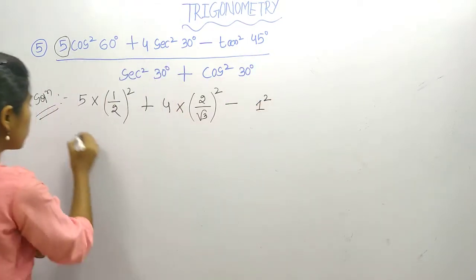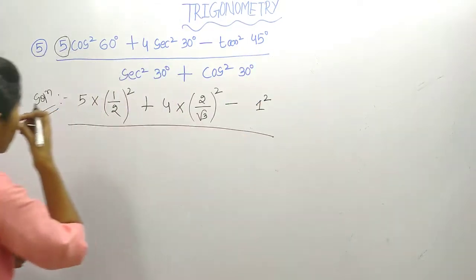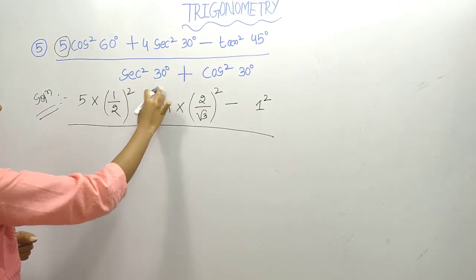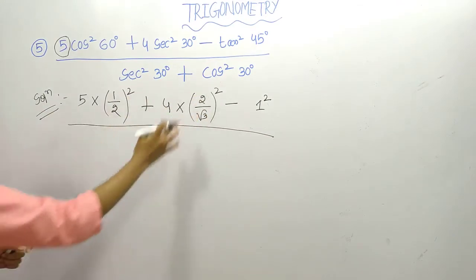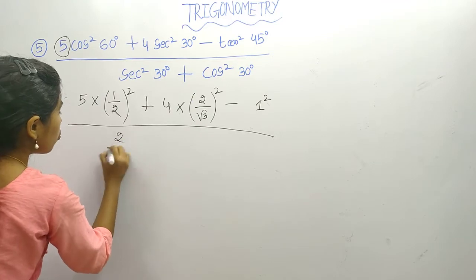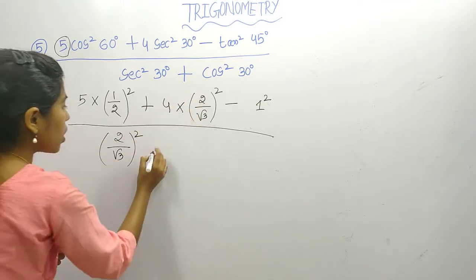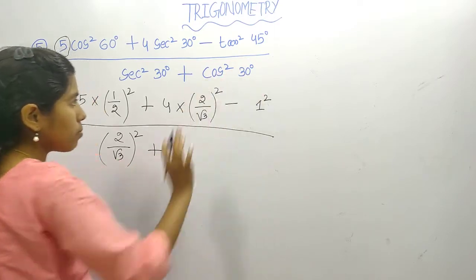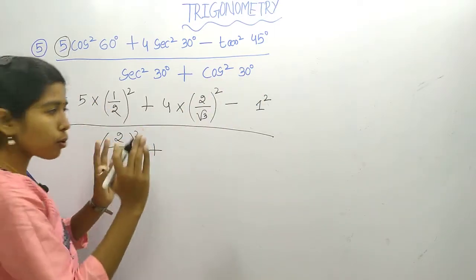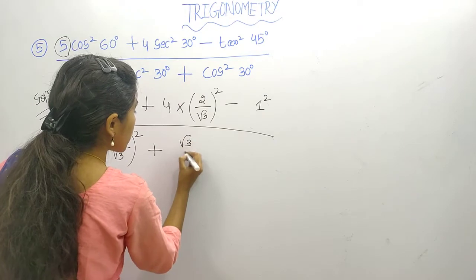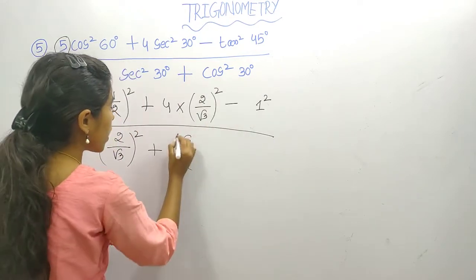So square divided by, here you see same sec 30 degree. Sec 30 value we have found out 2 by root 3. 2 divided by root 3 square plus cos 30. Cos 30 value is root 3 by 2. Root 3 divided by 2. Here square is there.